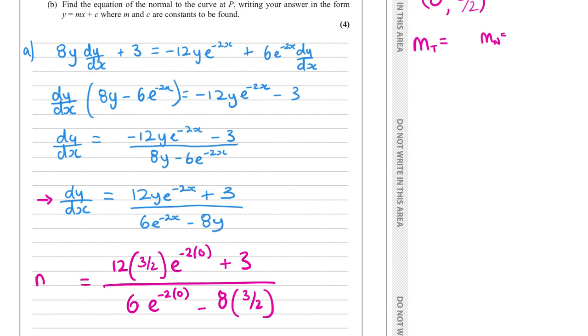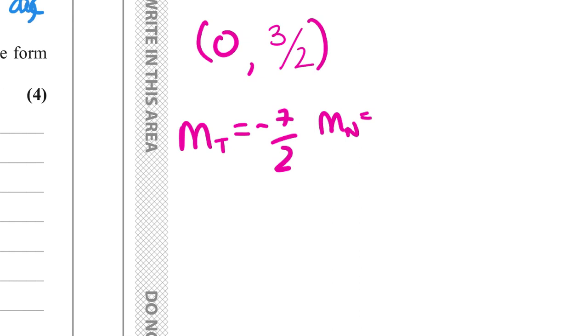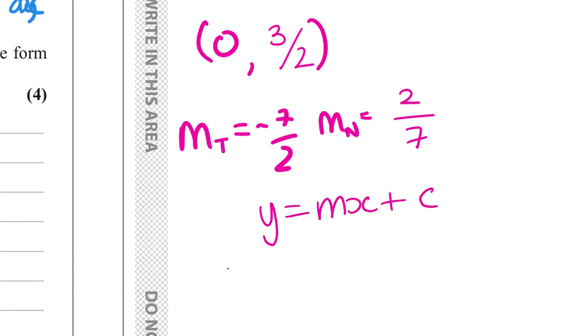So remember, this is going to be our gradient of our tangent. So what is this? Which is going to give me minus 7 over 2. So if my gradient of my tangent is minus 7 over 2, what's the gradient of the normal? Positive 2 over 7.